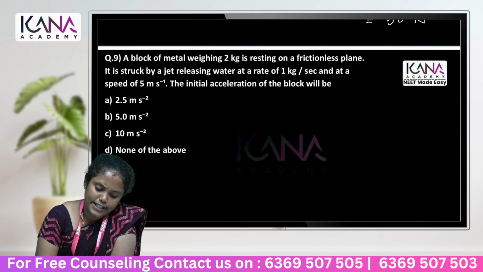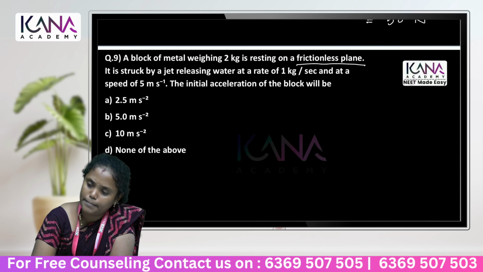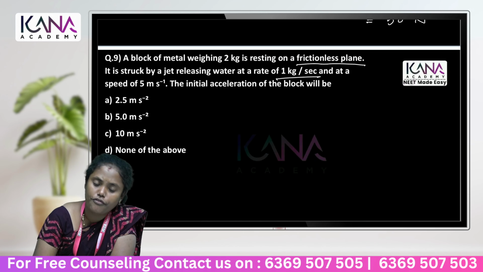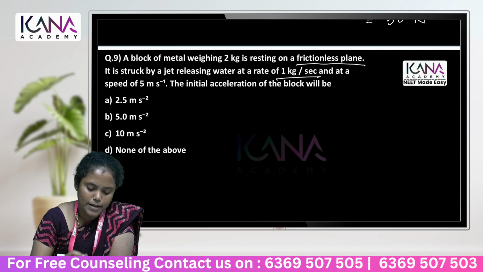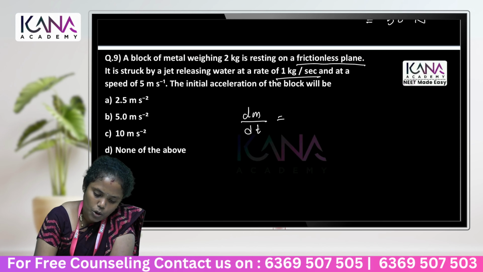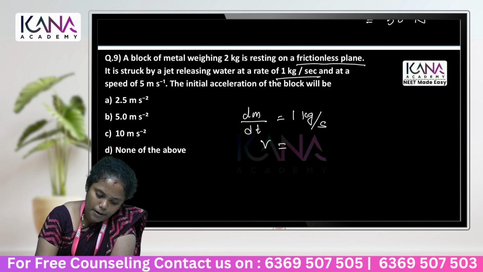A block of metal weighing 2 kg is resting on a frictionless plane. It is struck by a jet releasing water at a rate of 1 kilogram per second. So what is dm by dt given? 1 kilogram per second at a speed of 5 meter per second.